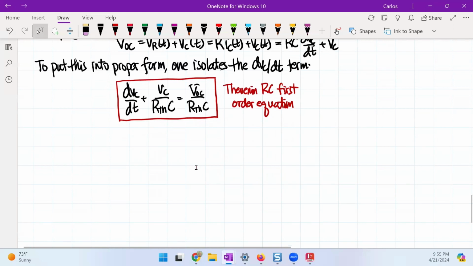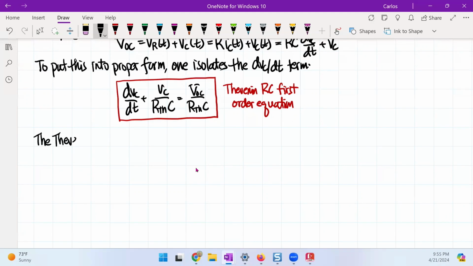And what you're going to find later on is that the Thevenin RC first order equation is very similar.